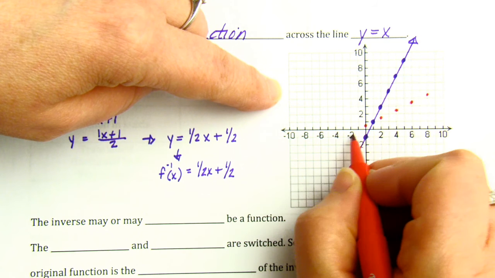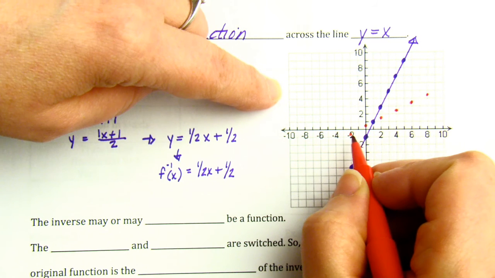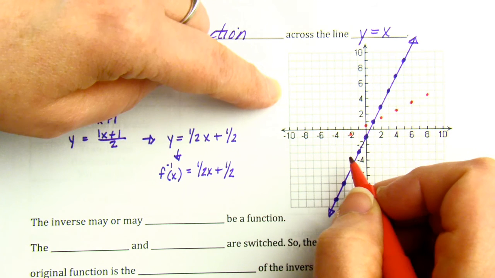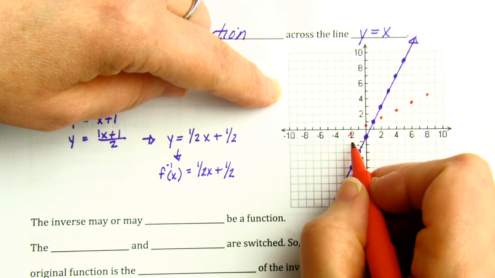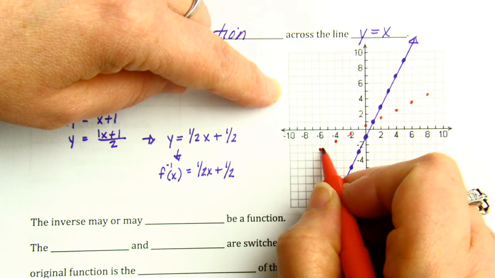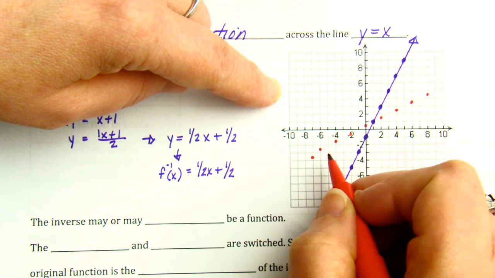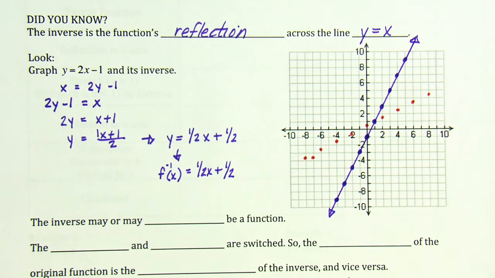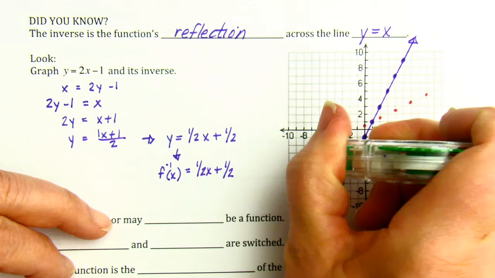Down 1 to the left 2. Down 1 to the left 2. Oop. It would help if you went 2, not 1. All right, we'll just fix that.